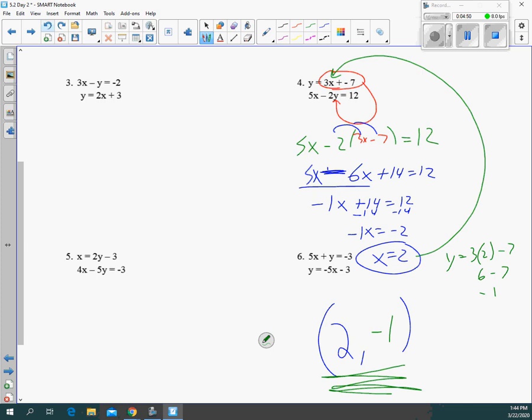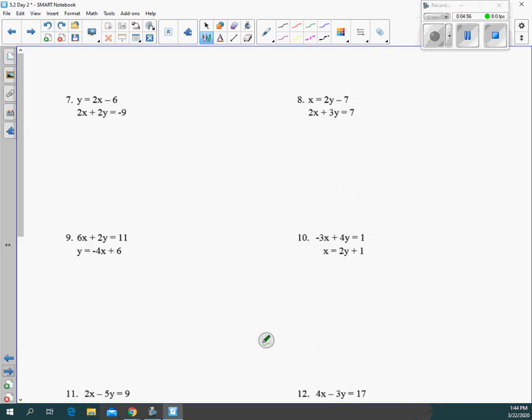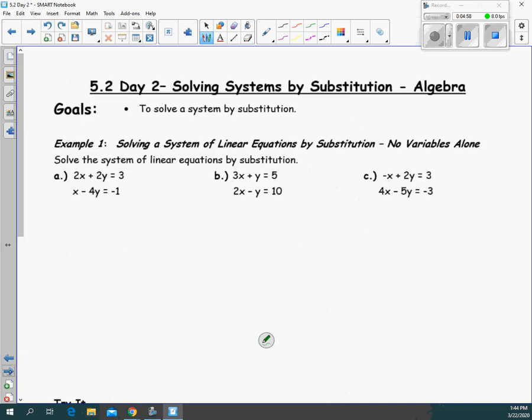Good. Today, we're going to add another step to it that hopefully you guys can figure out pretty easily. So if I do this 5.2 day 2, if you're looking at letter A, the one we're starting on, do you notice that any variables are by themselves? If they are, that's easy.